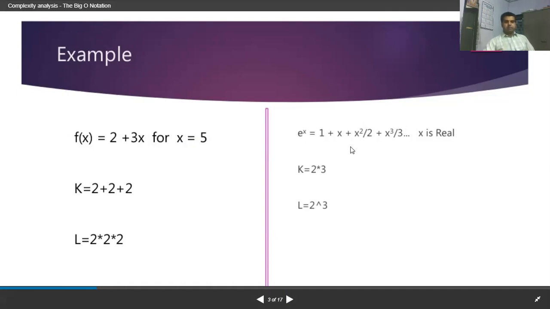But on the right hand side, there is multiple addition as well as the square value. So right from the outlook of this expression, it is understood that the expression on the right hand side requires more time as compared to the expression on the left hand side.